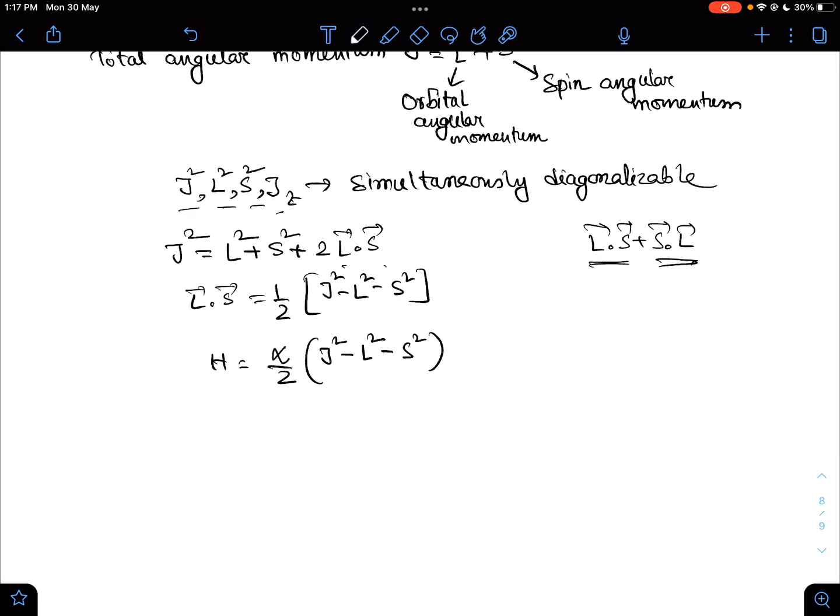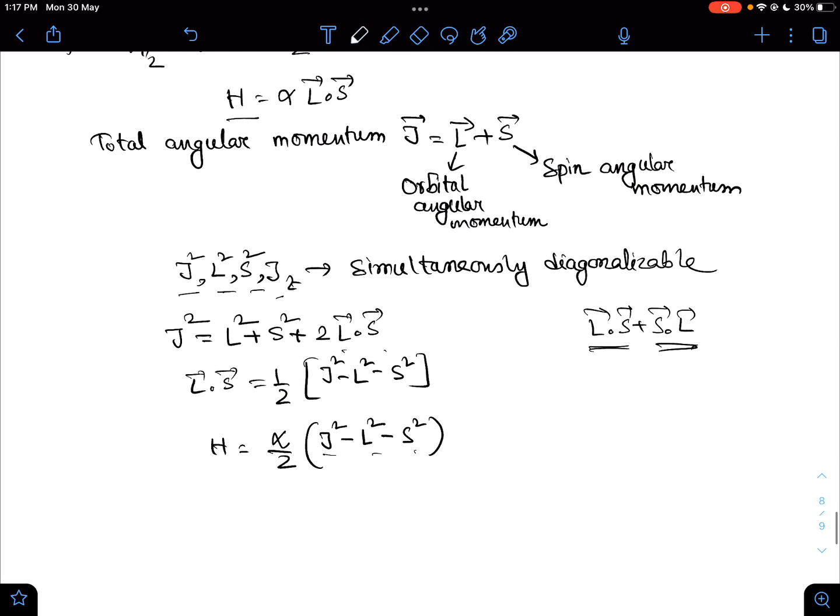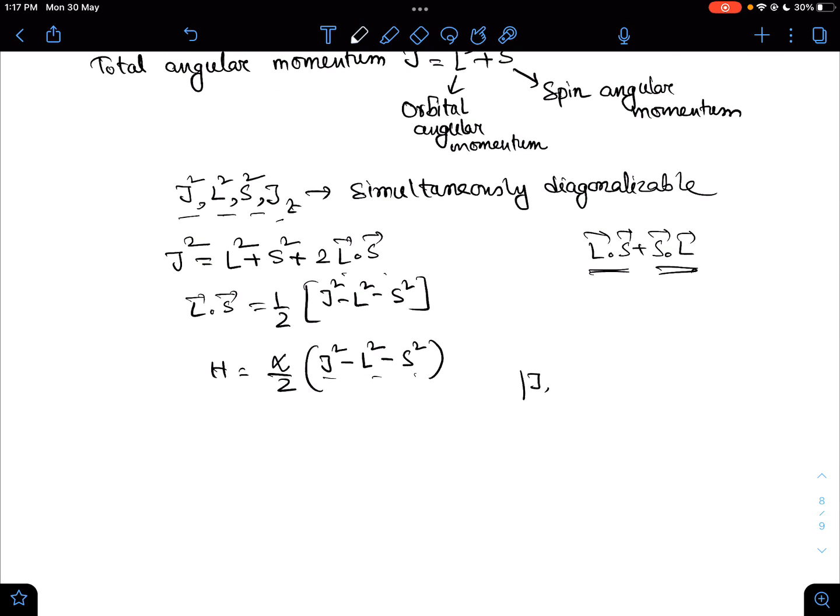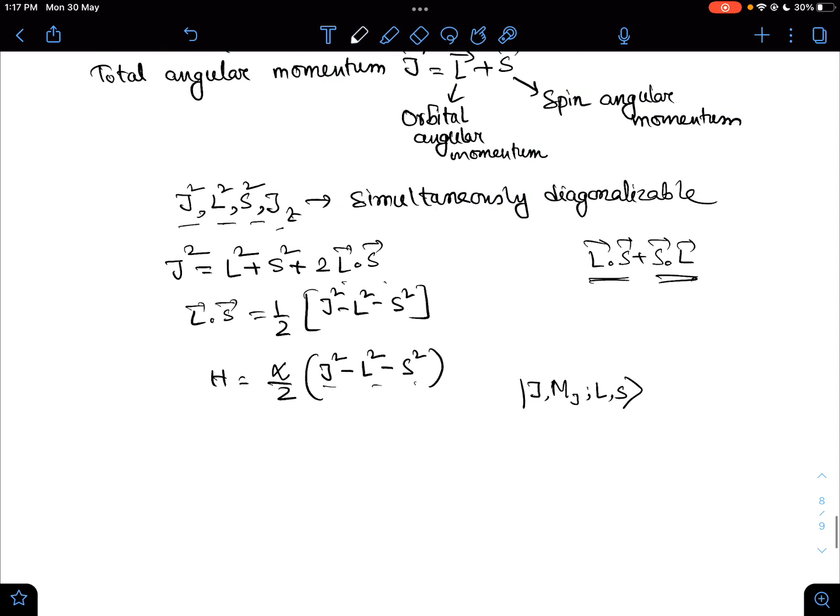So this is our Hamiltonian. Since they are all simultaneously diagonalizable, we will take our state to be the eigenstate of these three operators, that is |J, MJ, L, S⟩. Let us do this calculation for 2p 3/2 first.